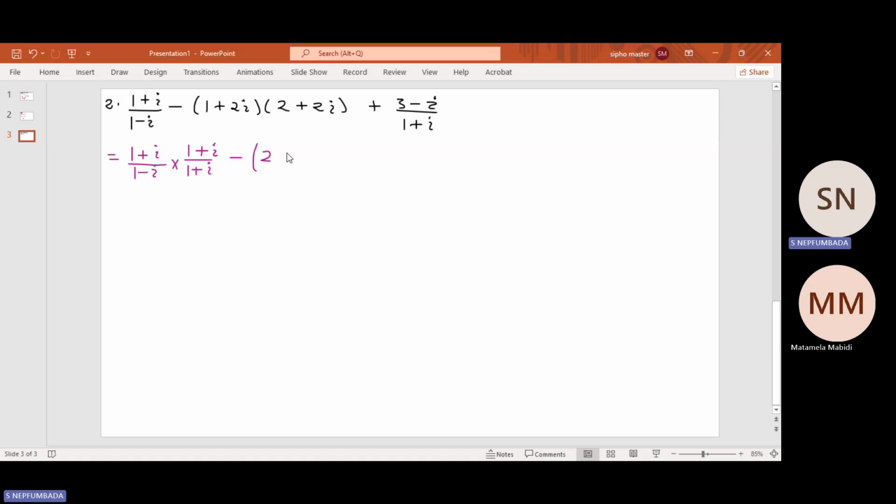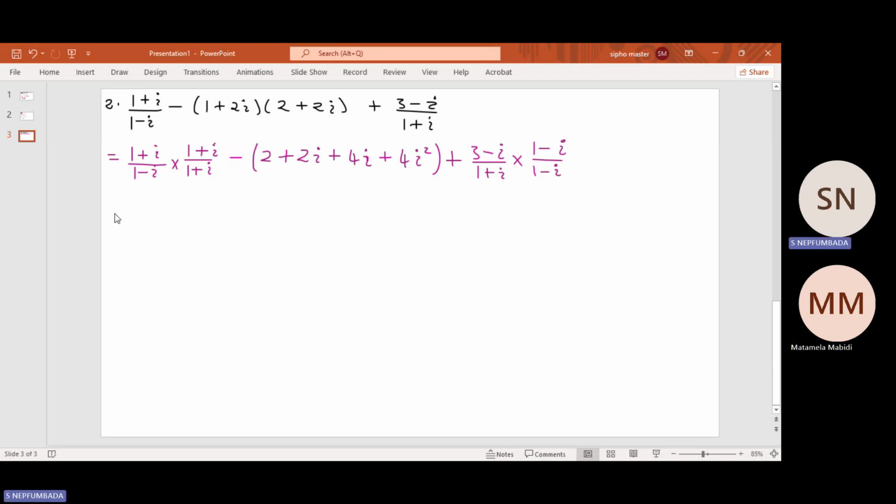This is 2 plus 2i plus 4i, plus 4i squared. Then plus 3 minus i divided by 1 plus i. Then we multiply by the conjugate of the denominator. We know that, right? Yeah.